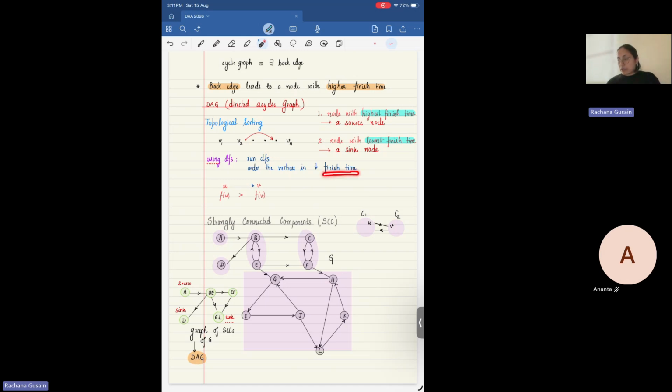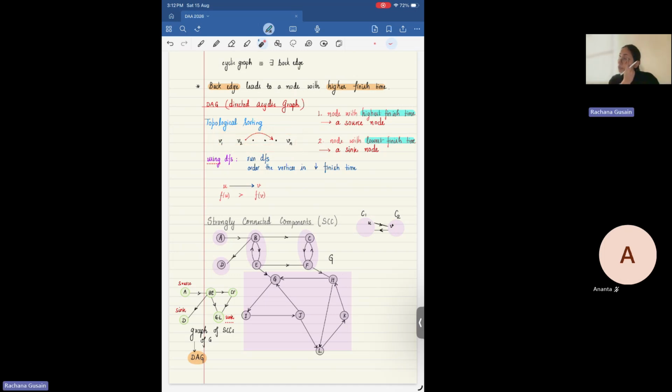So just look at the finish numbers of every vertex and order the vertices in the decreasing order of finish time. So the vertex with the highest finish time I place first, then the next highest finish time, and so on. So Vn has the lowest finish time, V1 has the highest finish time. The claim is this is going to be a topological ordering.